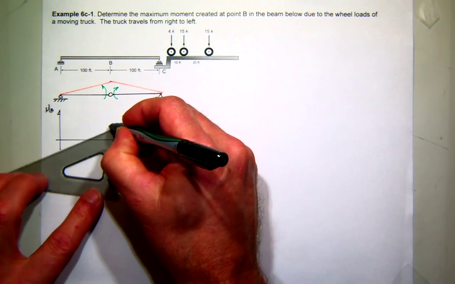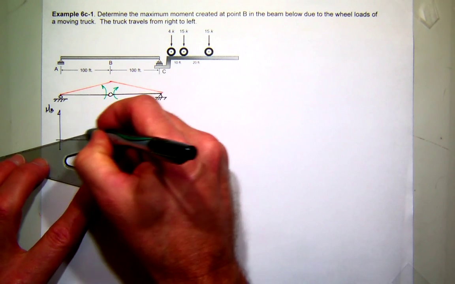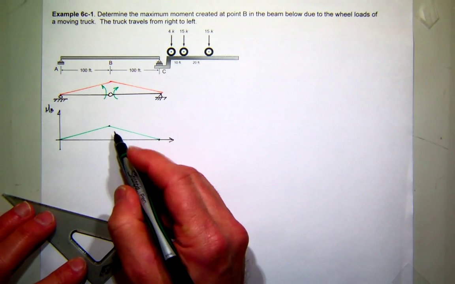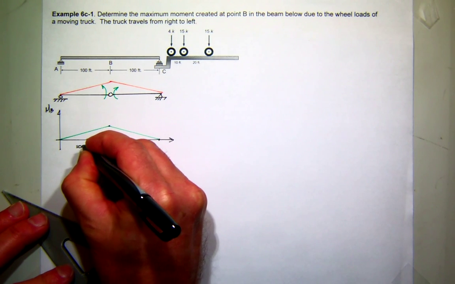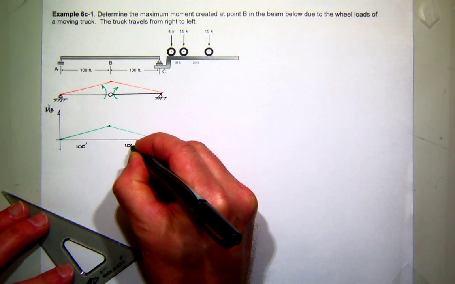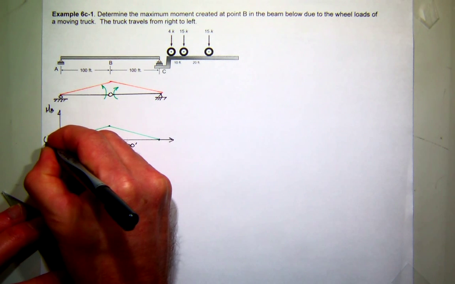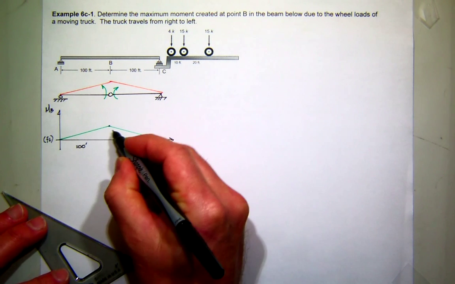So I really only have one key value I need to find. What's the moment? I forgot to put my dimensions here, and this will also be in feet. So I just need to find this value.